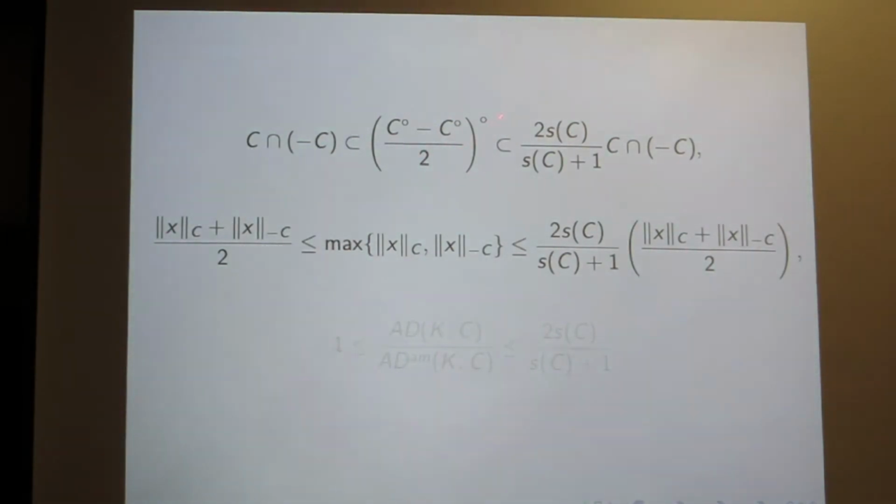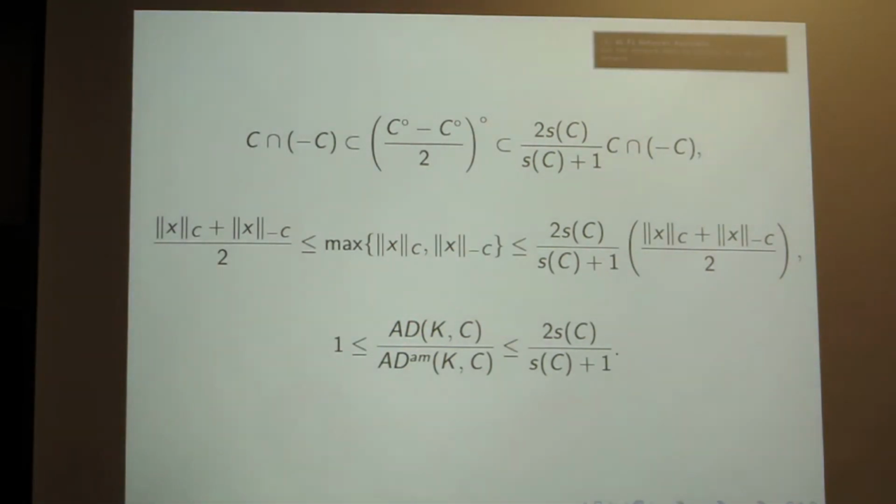And it's funny that the harmonic mean of the convex bodies corresponds to the arithmetic mean of the gauge function. So if we have this inequality, taking the maximum of both sides leads to the diameters. This means we bounded the normal diameter to the arithmetic asymmetric diameter by 1 and the factor that is coming from here.